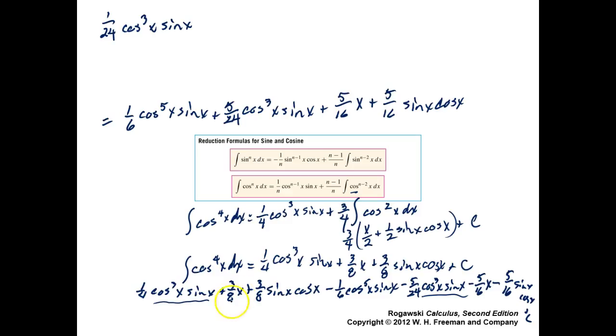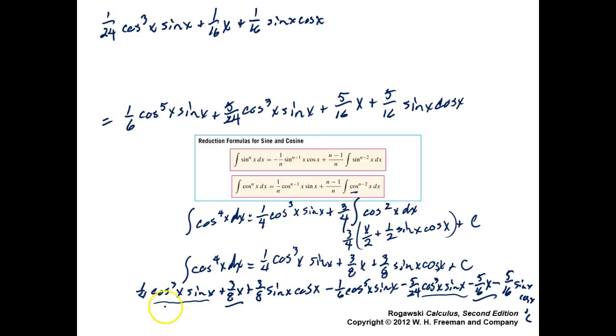Here we have a 3/8 x and a minus 5/16 x. Well, 3/8 is 6/16, minus 5/16 would be a plus 1/16 x. And here we have a 3/8 sine x cosine x, and here we have a 5/16. So again, 6/16 minus 5/16 is a plus 1/16 sine x cosine x.